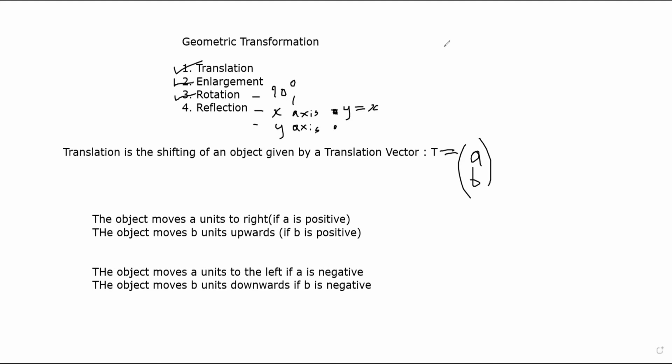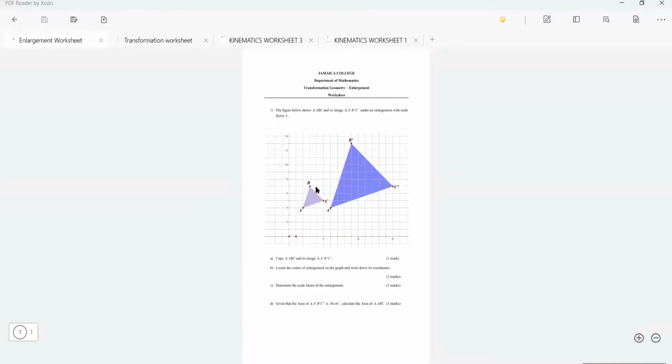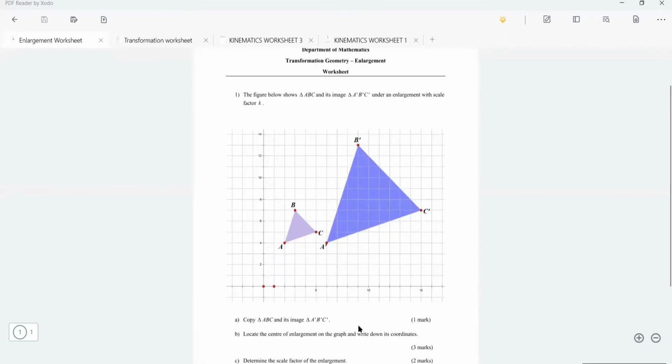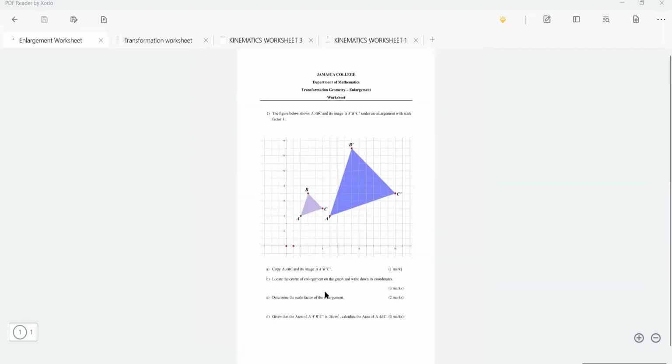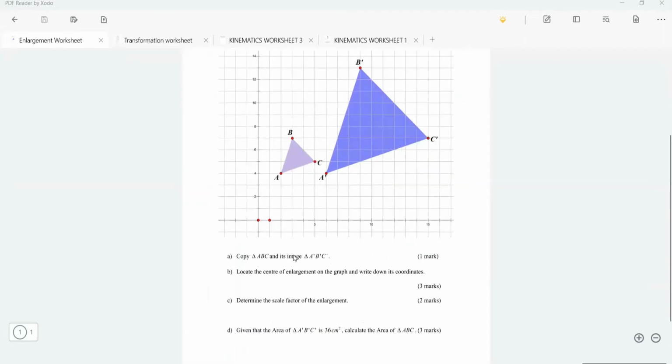So now we're going to go to the questions. All right, so now we're at the questions, and we gear up and we're ready to go. Now, this question right here says to copy triangle ABC and triangle A prime, B prime, C prime.